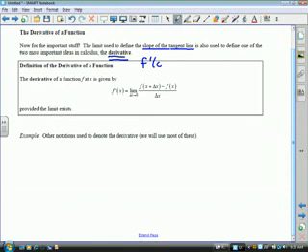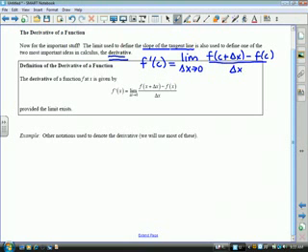On that formula there, we had f prime of c equal to the limit as delta x approaches 0 of f of c plus delta x minus f of c over delta x. We had that formula right there. You just wrote it, you don't have to write it again. That only tells you the derivative at one single point c.